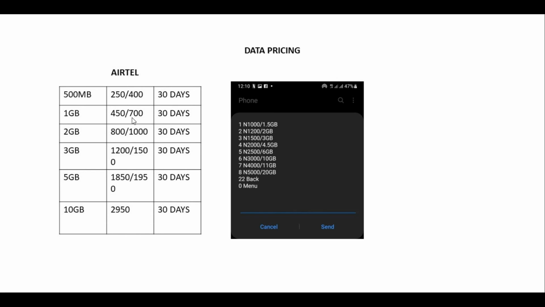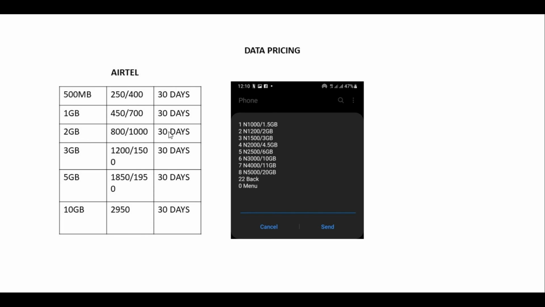By the time you put these pictures side by side, this is the marketing strategy, the secrets I'm giving to you now because you have stayed to this moment. The person is going to say this is cheaper than buying the regular data from the Airtel platform, or the MTN or whatever platform.